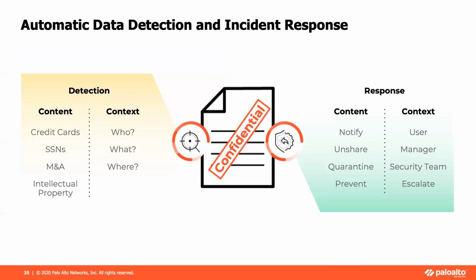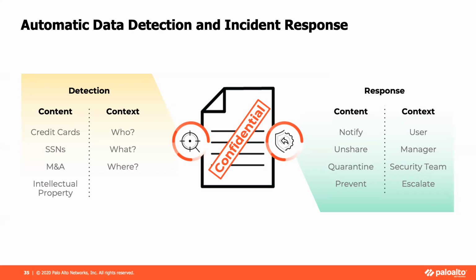Is it credit card numbers, social security numbers, intellectual property, confidential information, not for distribution? Give you context, the who, what, when, where. Where is this information? What is this information? Who's got this information? How are they being used?